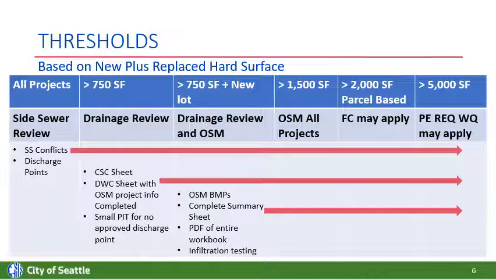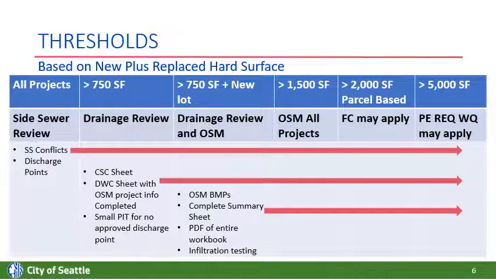So even if you're under the drainage review threshold, there might be a public main on property that your small addition might be in conflict with, or there might be another property's side sewer that crosses your property that that small addition might be in conflict with.